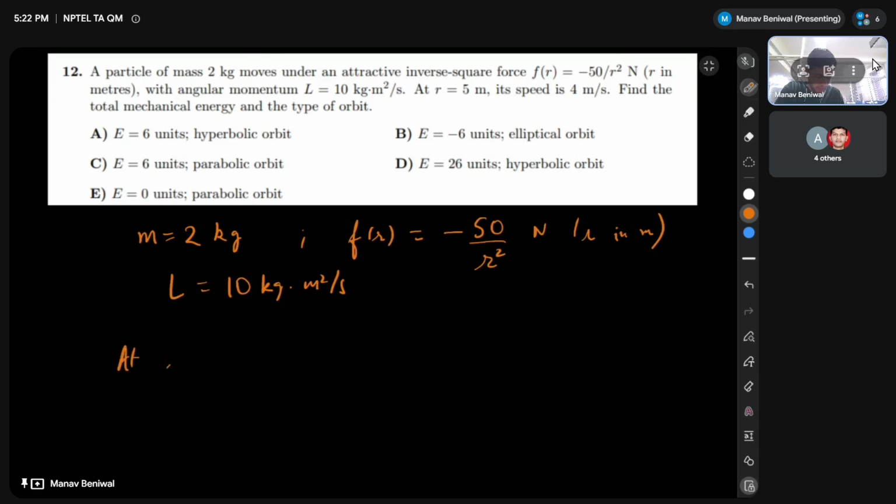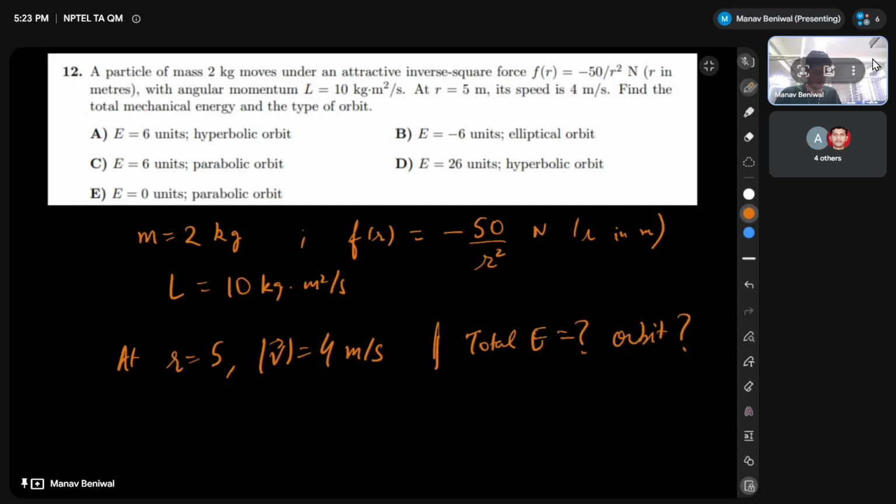And then at r equals 5, we are given that its speed v is 4 meters per second. Okay, and we have to find the total mechanical energy and the type of orbit. So what we have to find? Total energy and orbit. What type of orbit is it?